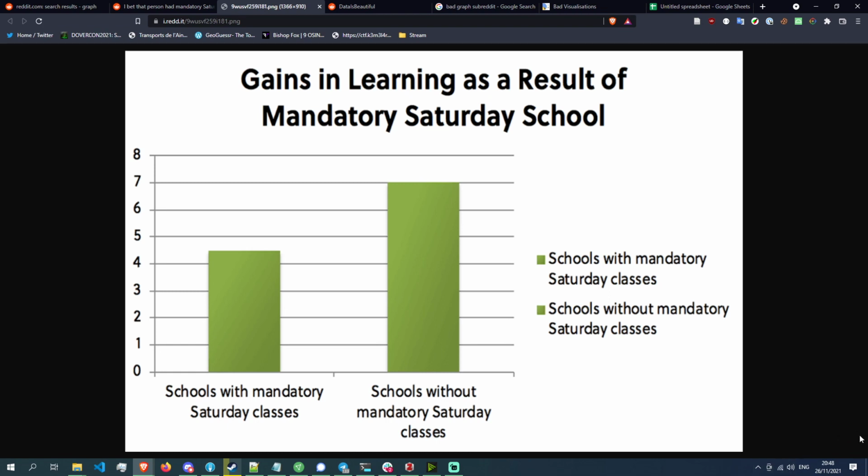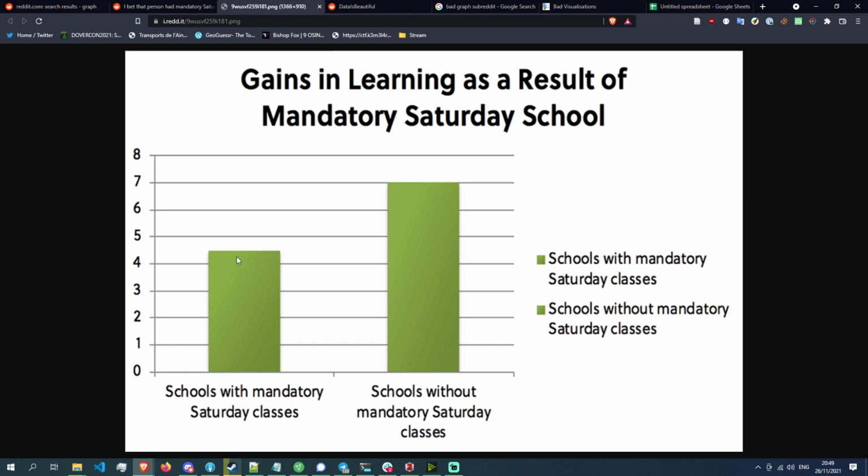Okay. So beyond the mislabeling, you have 2 colors which represent exactly, well, the same thing. Literally, you have 2 bars. They have a legend which says things. This is actually a number of schools with mandatory Saturday classes.